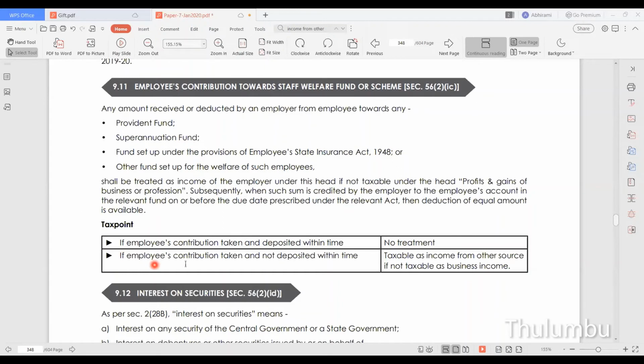If the employee contribution is taken by the employer and not deposited within time, say for example PF is collected from the employee, mostly deducted from salary, and should be deposited by the 15th or 20th of the next month. If you don't, the amount collected from the employee is the employee's share. Since you did not give the employee's share to the government, that amount will be taxable as income from other sources.